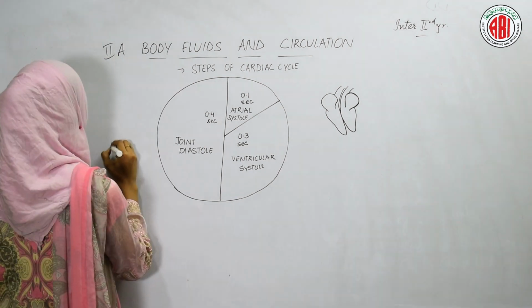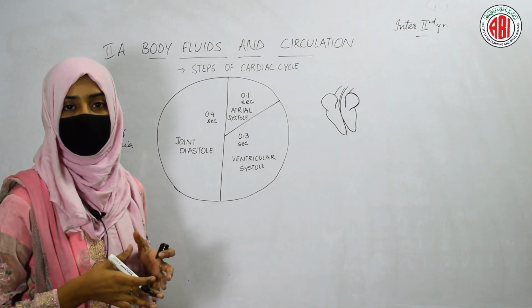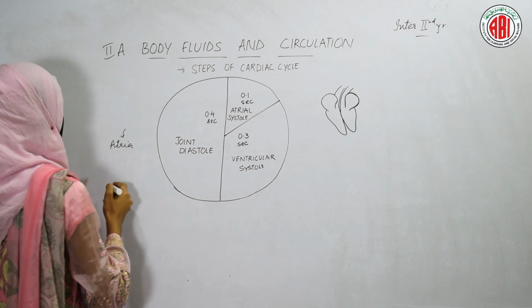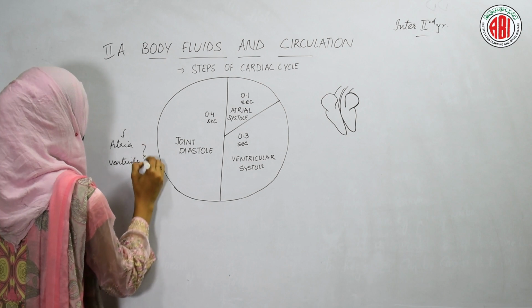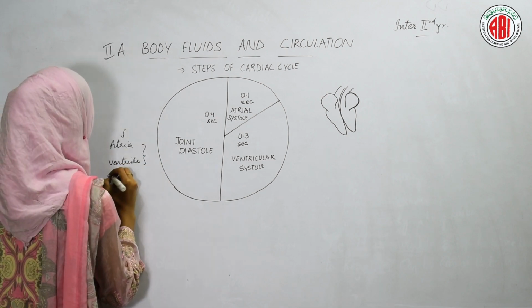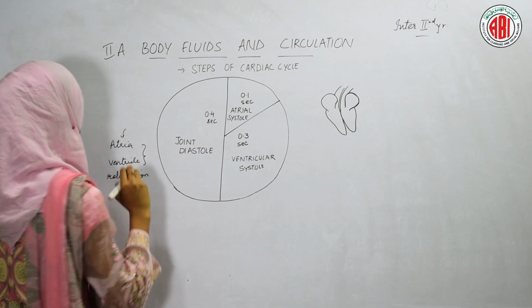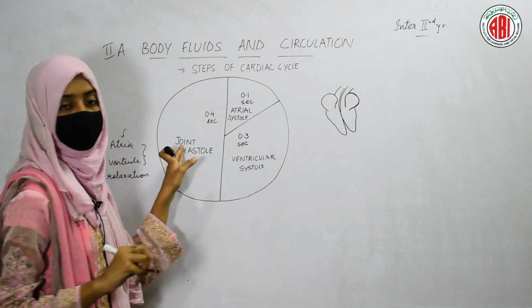We learned that when the blood enters into the atria, when the filling of atria is going to happen, at that time atria as well as ventricles, both of them are in diastolic condition. That means both of them are relaxing. So the relaxation of both atrium and ventricles can be termed as joint diastole.